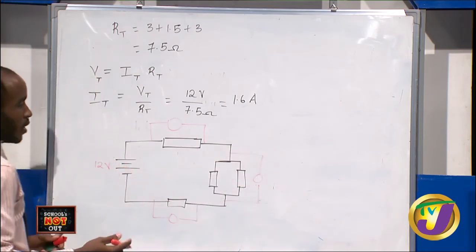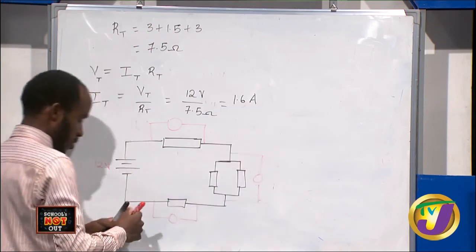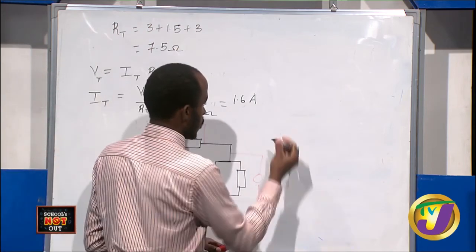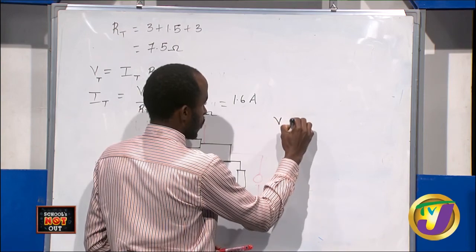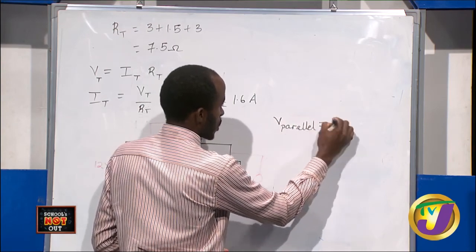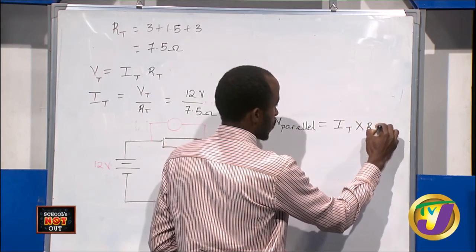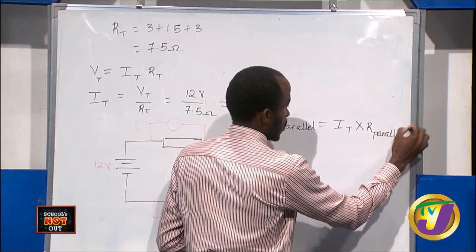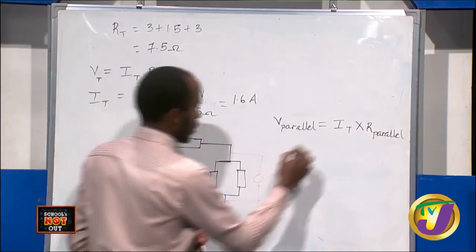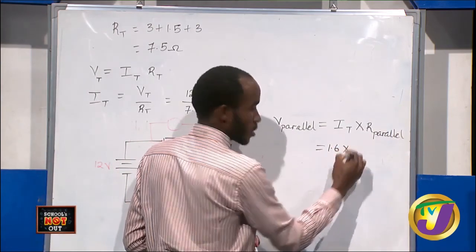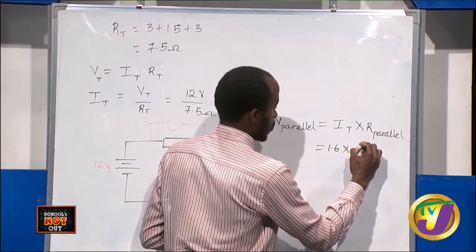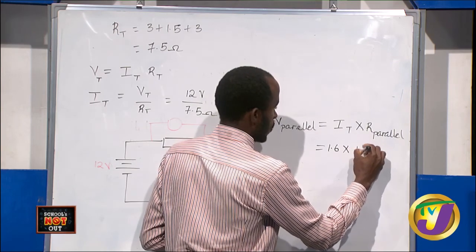So to simplify what portion goes here, we can say, well, voltage for the parallel section is equal to the current total times the resistance for the parallel section. All right, applying Ohm's law. We know this to be 1.6 and we know this to be 1.5.